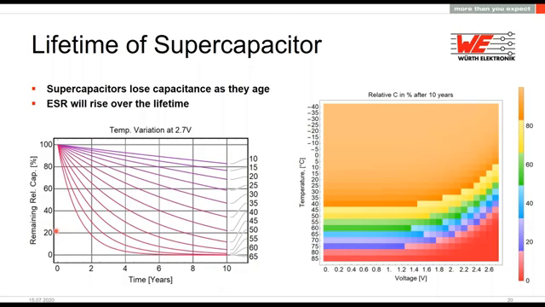So when we have 10 farad at the beginning, you will have 2 farad at the end. So this is the diagram on the left side. And this is just the bar to see how much capacitance is left. So it's the same, also relative capacitance in percentage.